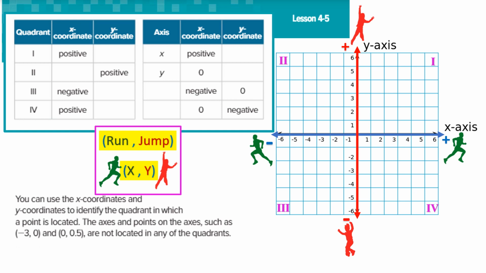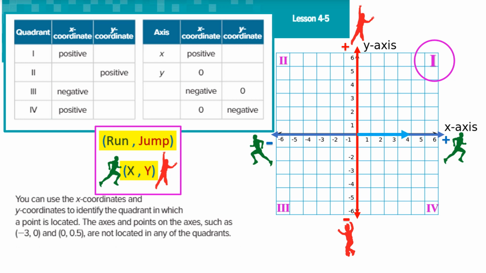So when I look at what the quadrants are telling me about what type of coordinates I'm going to have, then when I'm looking at quadrant 1, I should know that I'm going to have to go forward and then jump up.